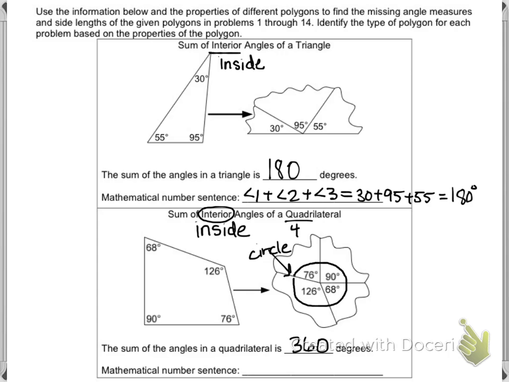My mathematical number sentence is going to be angle 1 plus angle 2 plus angle 3 plus angle 4. And we are adding 76 plus 90 plus 126 plus 68 to give me a total of 360 degrees.